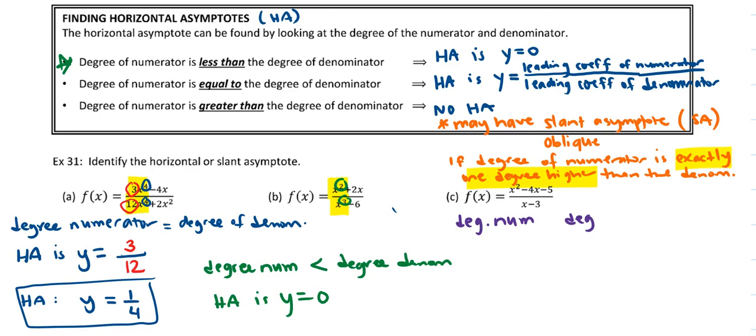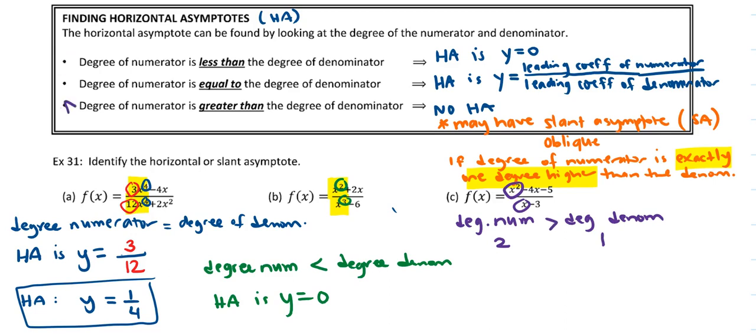Let's make sure we get that on camera. So again, look at your leading terms. And I know we have this squeezed in there, but I have an x squared in the numerator. So the degree of the numerator is 2 versus the degree of the denominator is just an x. So that exponent on that x is a 1. So we have the degree of the numerator is greater than the degree of the denominator.